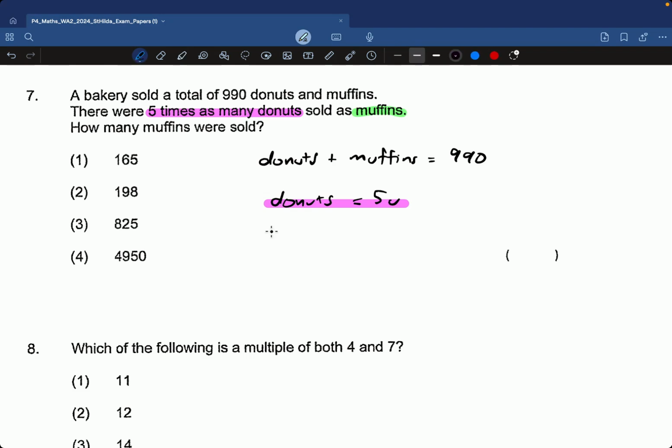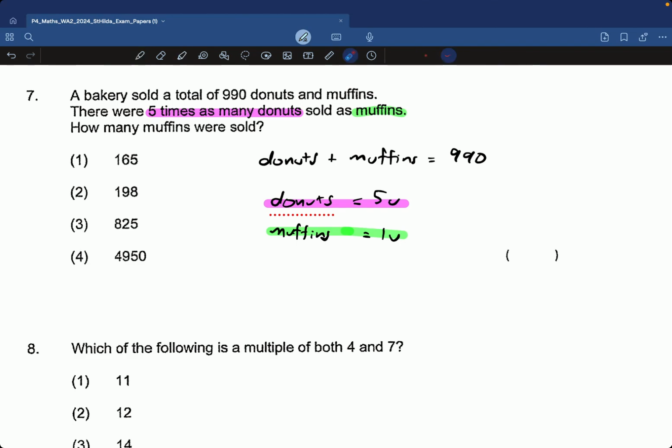So in this case, muffins is 1 unit. Okay. All right. So that is essentially what this whole statement means. Donuts is 5 units and muffins is 1 unit in this case. Let me just highlight everything here.